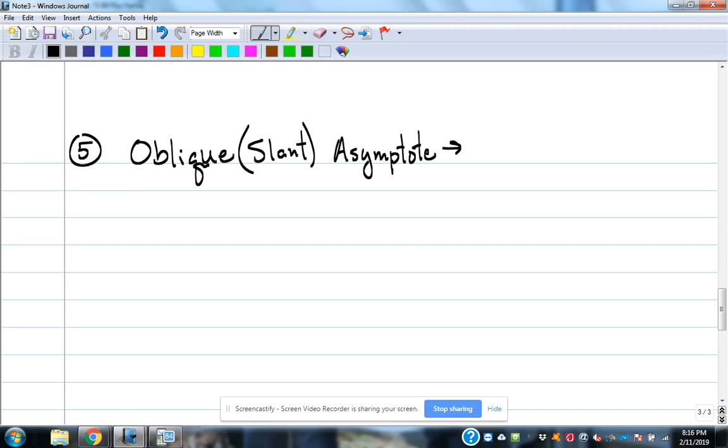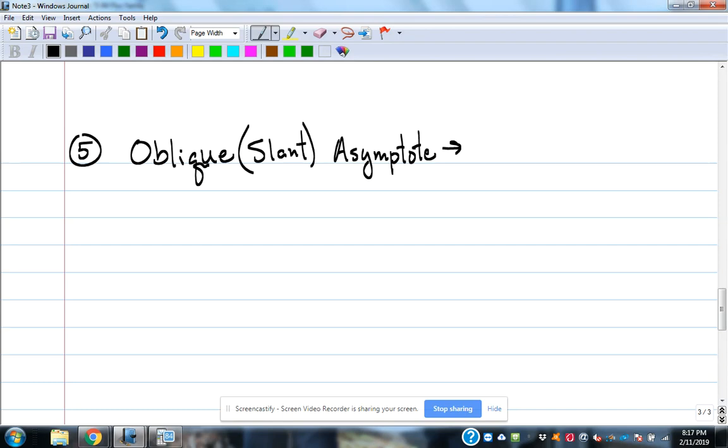Okay, so obliques and horizontals never, ever occur together. The reason they never occur together is because of the rules for them existing. Horizontals happen when the degree of the top is smaller than the bottom. It's y equals 0.